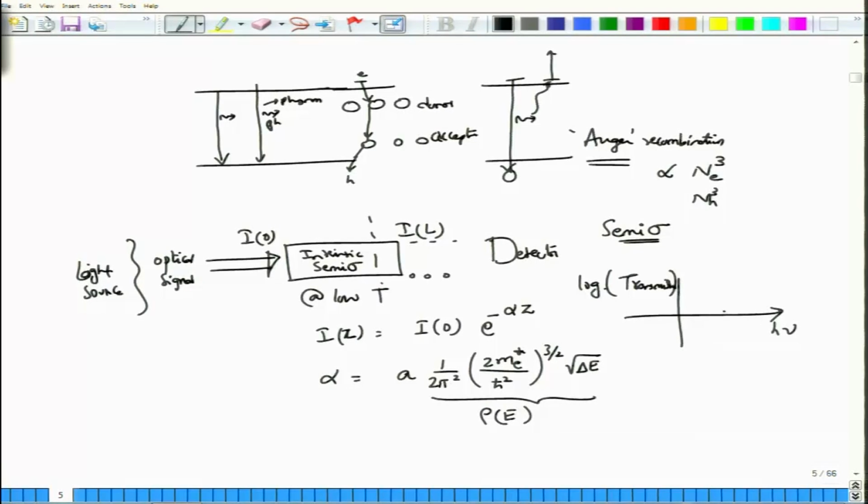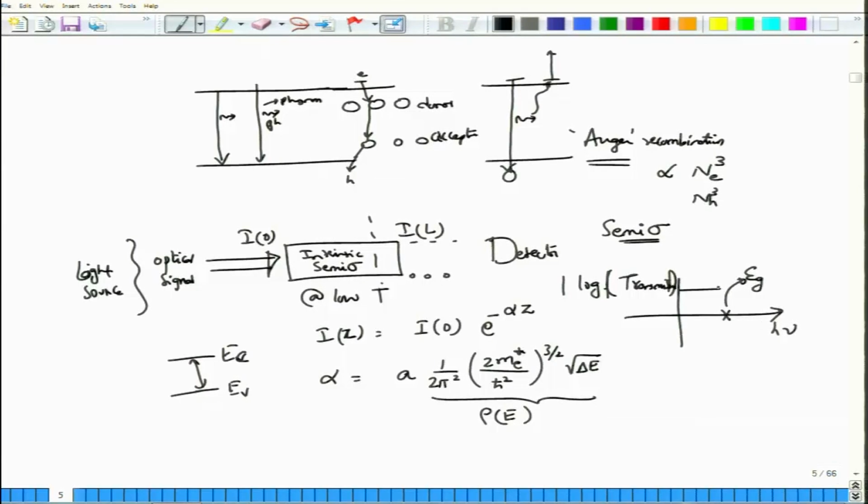It turns out that if your radiation, or the optical signal, has an energy below that of the band gap, and remember the band gap is the difference between the conduction and the valence band, and if the externally applied optical signal has an energy less than Eg, which translates into a certain low frequency limit, then the transmission will be completely unity, meaning that no electrons or holes absorb, and whatever the magnitude of the transmission that I am plotting here, the log of the magnitude of the transmission would actually be completely 1, where of course I am accounting for all the other losses and throwing them away.